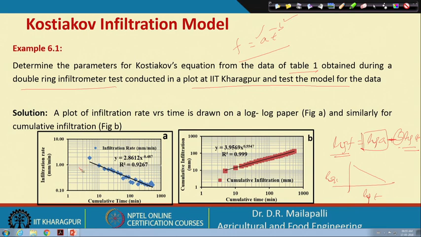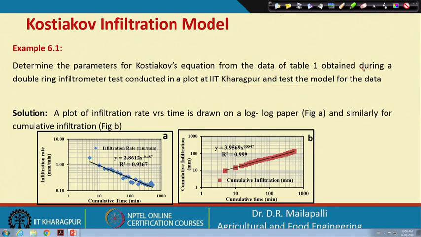With this you can find the log a value and the b value, and then estimate what a and b are. So, simply it is a fitting. Data is given, you fit the data on a logarithmic scale and you get the coefficients.